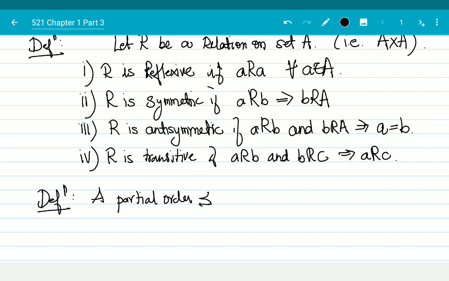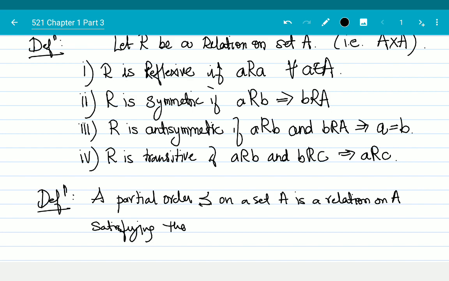It's more or less like less than or equal to, but with an arched smaller than sign. A partial order on a set A is a relation on A satisfying the following properties.